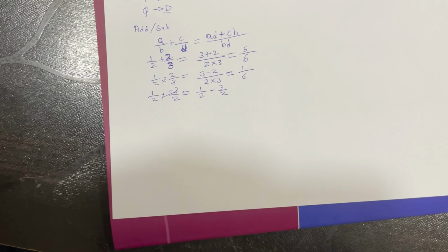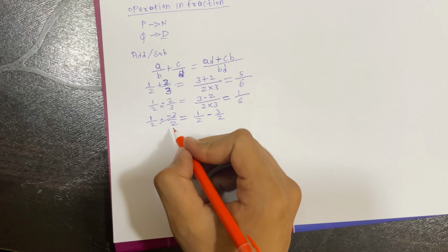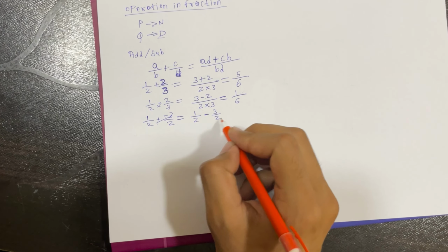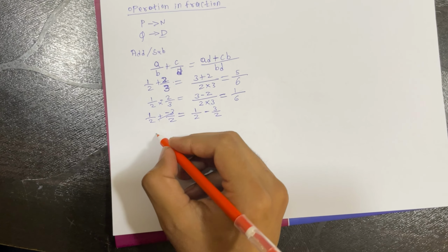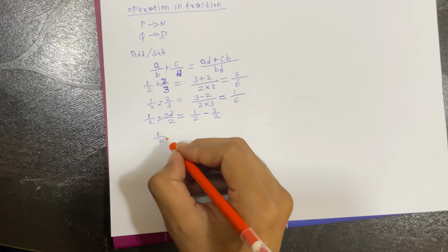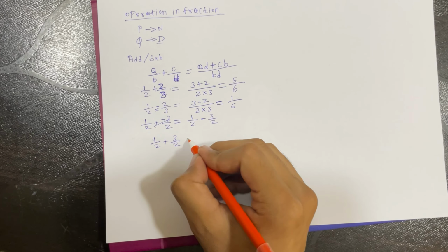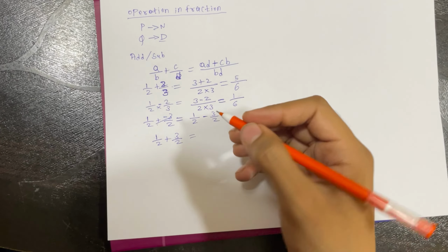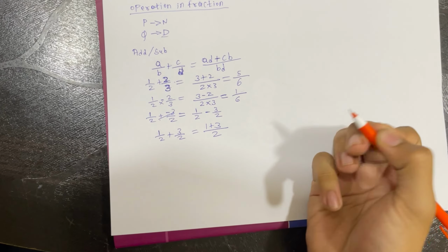Yeah, and then another rule we have to keep in mind while solving this: if there are the same denominators, let's consider this example only. If it is given 1 by 2 plus 3 by 2, then we have to take the common denominator and we don't have to cross multiply. We have to do 1 plus 3 upon 2.